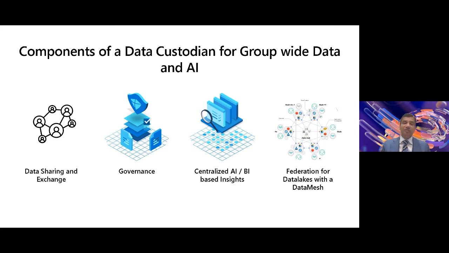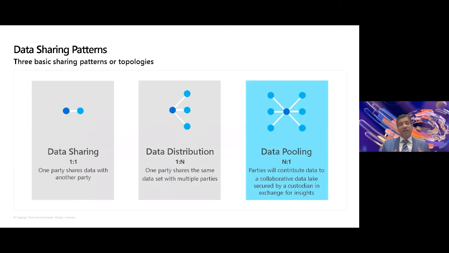And we have been through this journey with several of our customers. Now, let me pick up the first piece of that, which is around the notion of data sharing patterns. When we look at data sharing patterns, there are 3 basic topologies that continuously happen from all of the customer exchanges that we have had so far. The first one is a 1:1 data share, which is one party shares the data with another party.